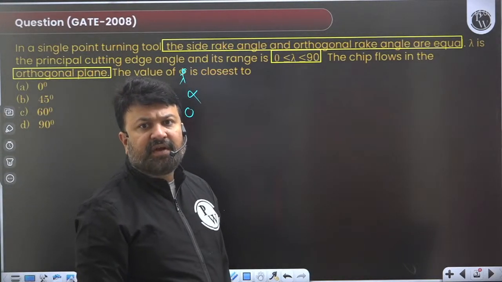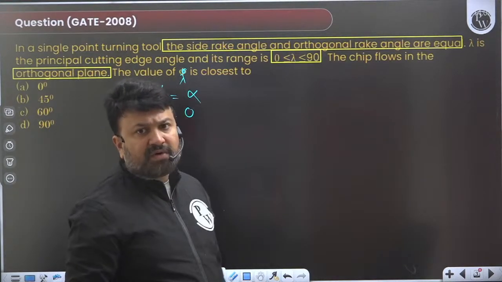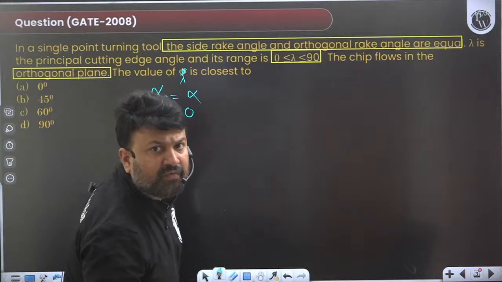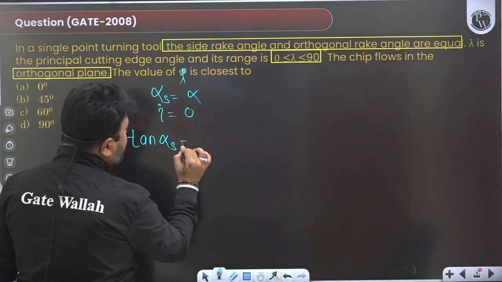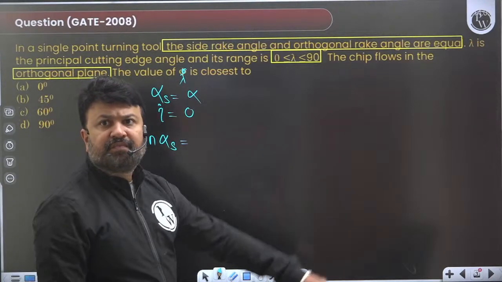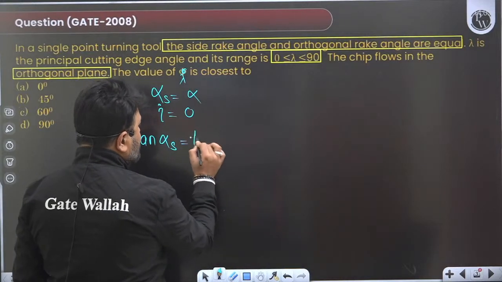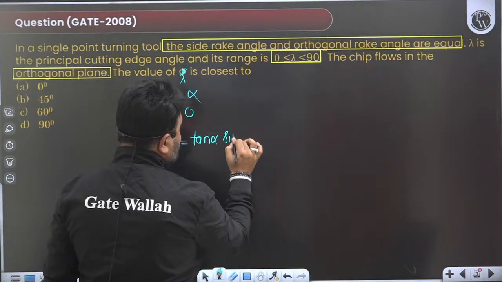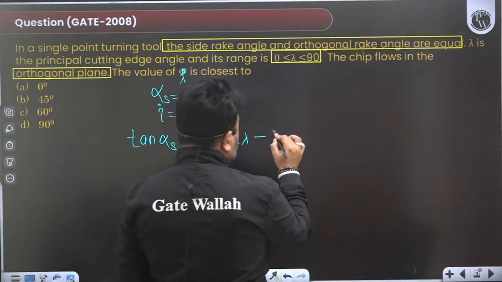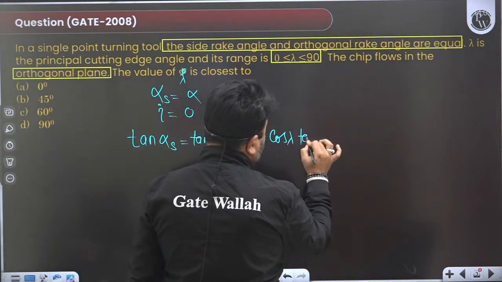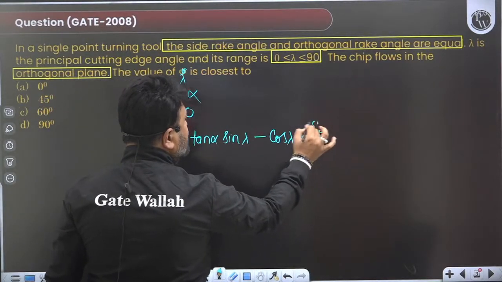Here we have to find out lambda. So we can apply tan of side rake angle equal to tan alpha sin lambda minus cos lambda tan I. Since the chip flows in the orthogonal plane, I is 0, so this term becomes 0.